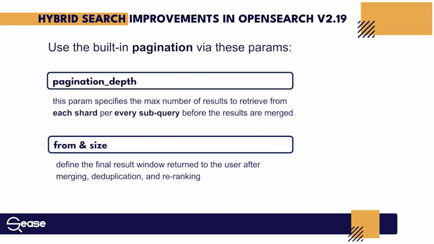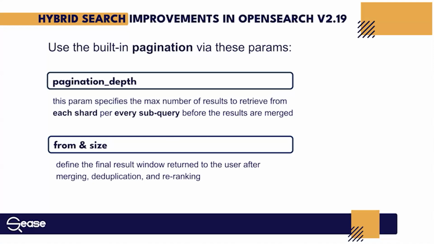Let's say we have two subqueries in the queries part, then we have to return times two, because for each subquery and for each shard, if you have multiple shards, in each data node as well, we have to return results. And this happens before the merge. First you get the results from each shard for each subquery.